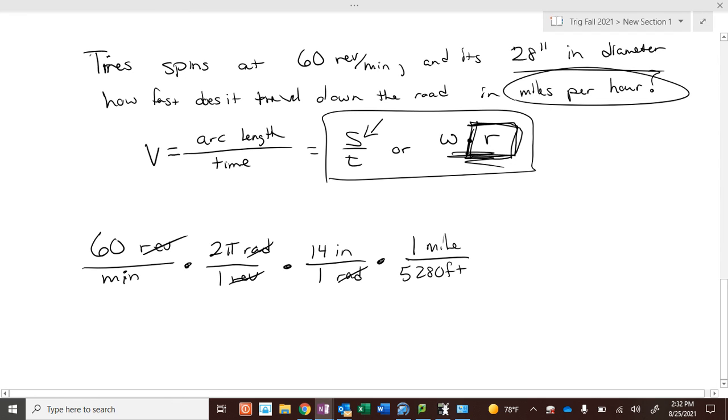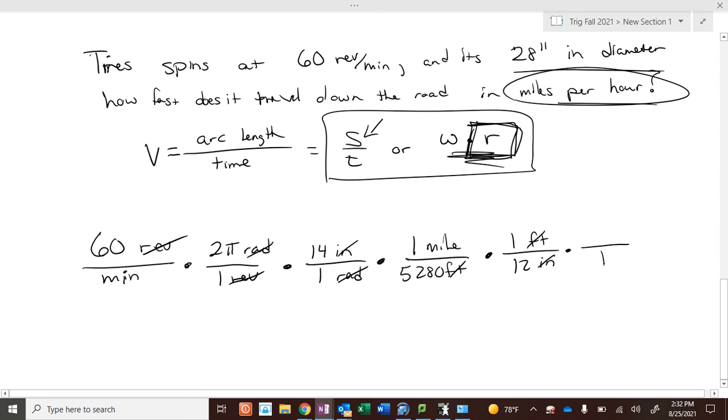So how do I get things to cancel? I have inches on the top, feet on the bottom. I know that there are 12 inches in 1 foot. So feet and feet cancel, inches and inches cancel, and now I have miles per minute. What do I want my final answer to be in? Miles per hour.